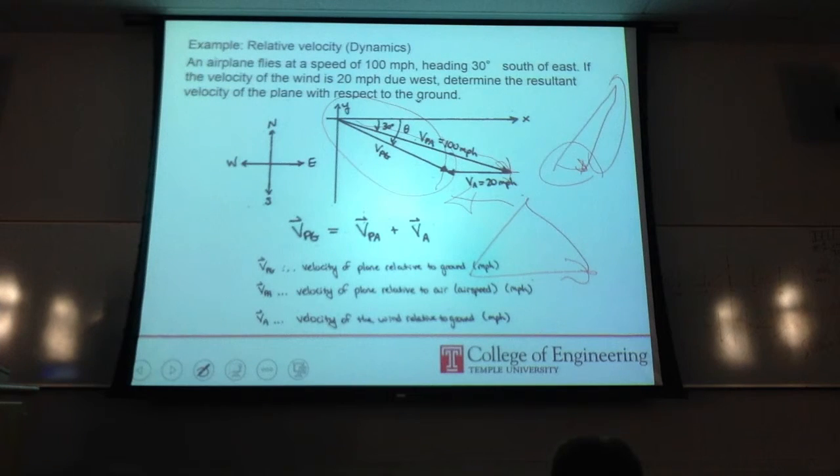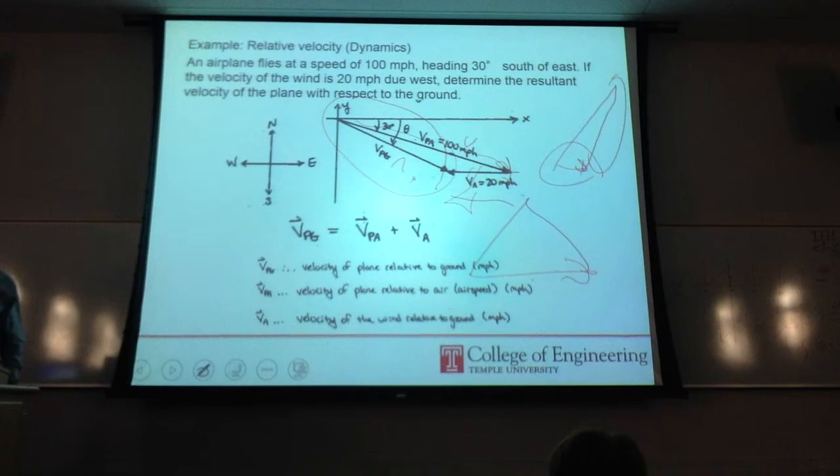Do you understand this? So, in this case, we have this value, which is the initial position or velocity of the plane, and then we have this, and we want to find out what this is.